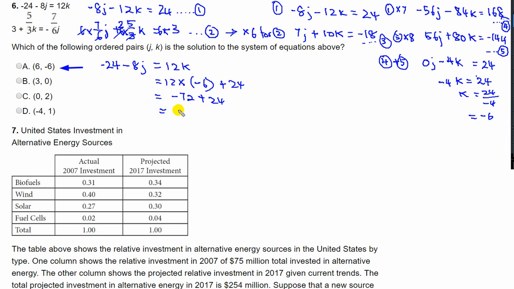This becomes minus 72 plus 24, becomes minus 48. This is minus 8j. Now j becomes minus 48 over minus 8, the minuses cancel each other, you end up with a 6.